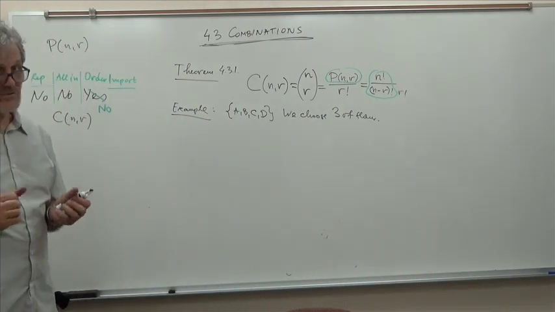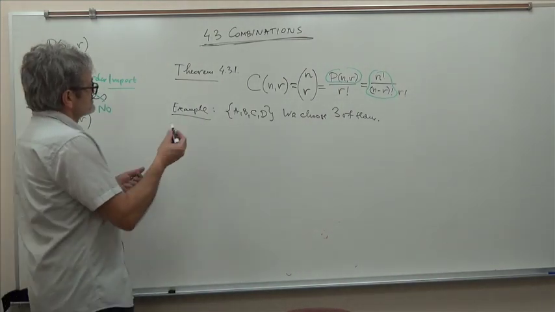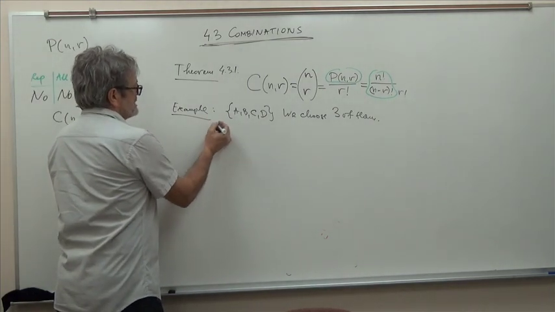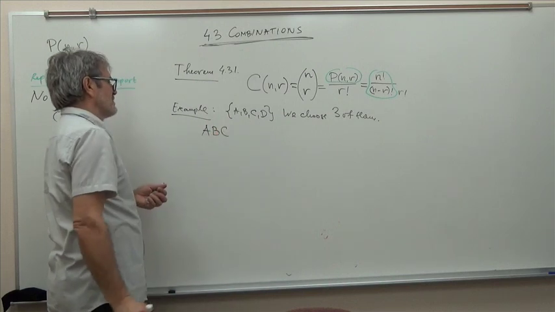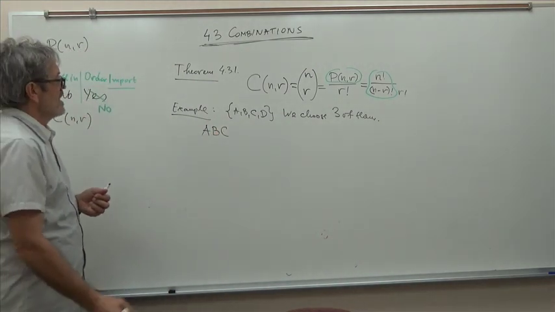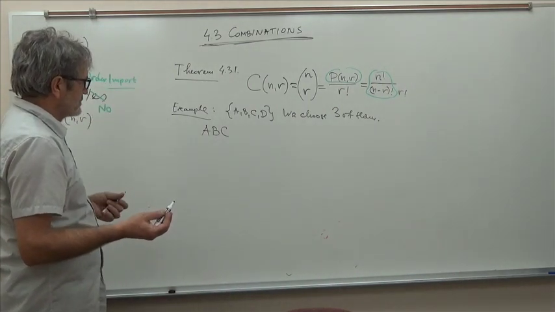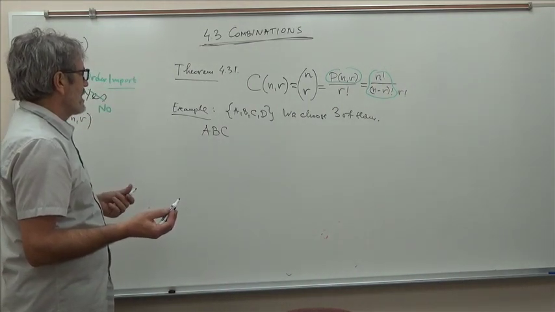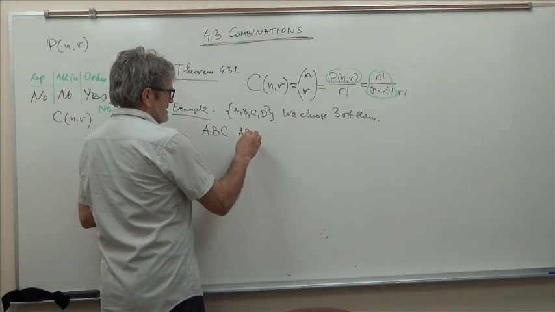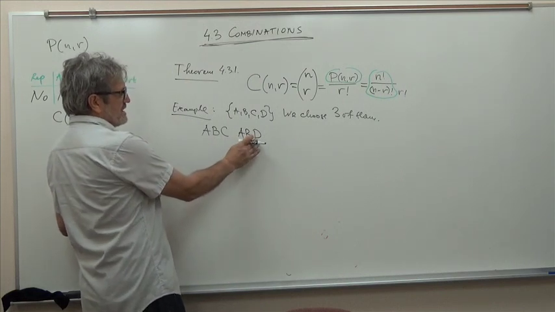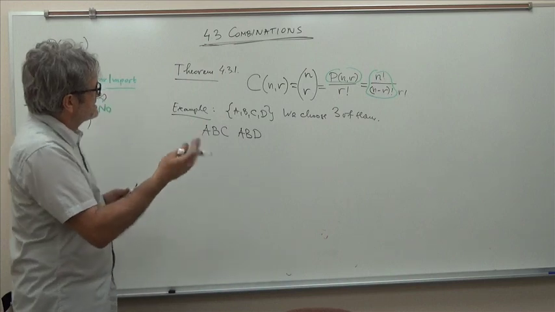So is order important or not? Let's see first if order is important, like P(n,r). What do we do? We do it lexicographically. So A is ahead of B and ahead of C. So A, B, C comes first. And then what else? So starting with A, then we can go what? A, B, D. You always replace the least important digit.